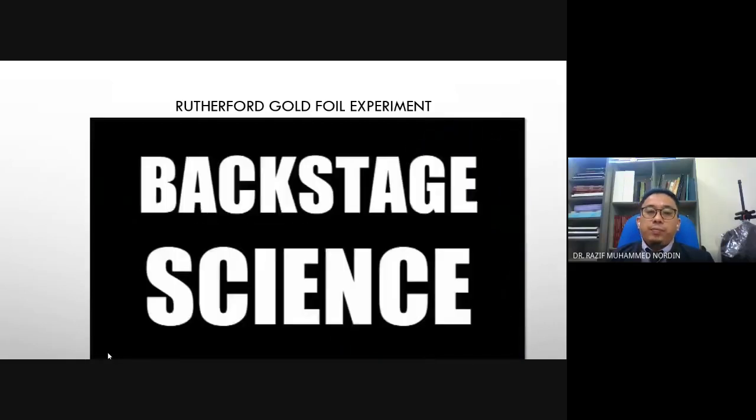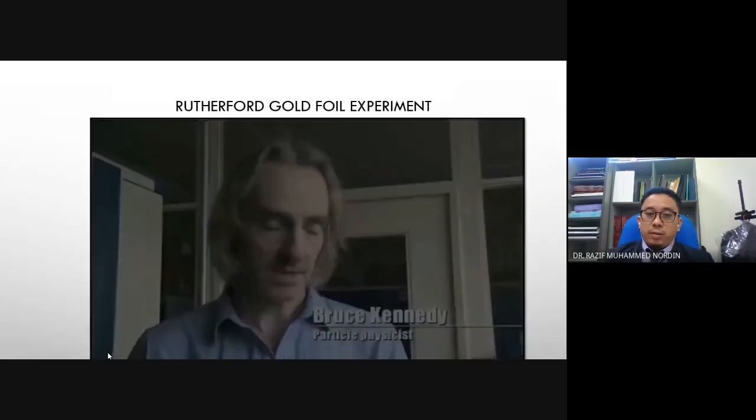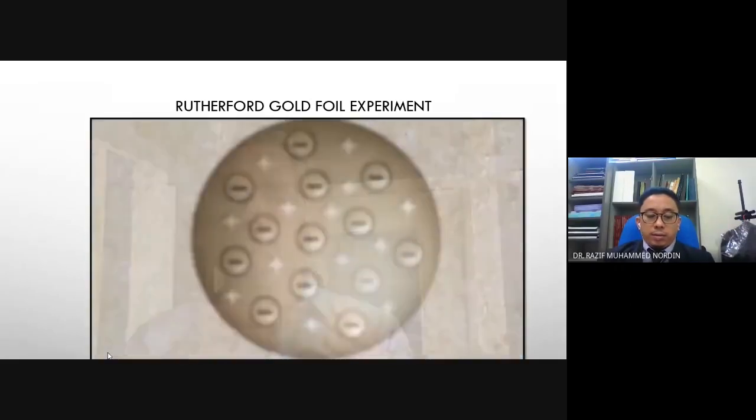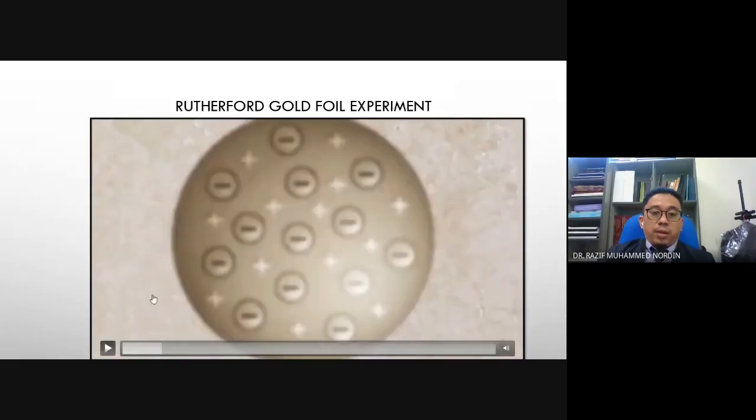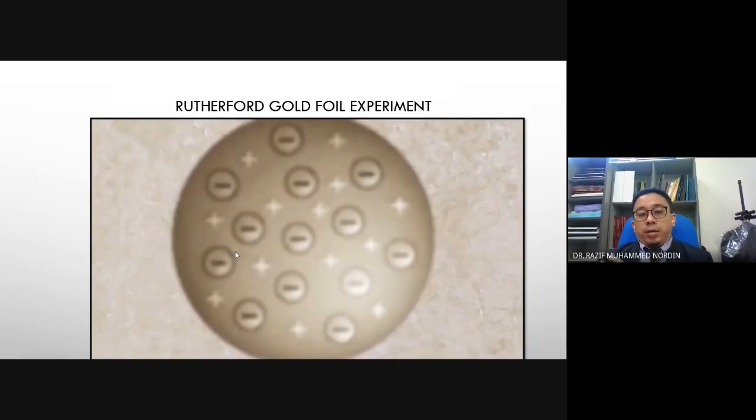Reconstruction. Untuk yang ini, idea ini yang di mana elektron dengan proton embedded in the just like a cake daripada John Dalton. So Rutherford dia nak check betul atau tidak hipotesis yang ni, model ni.